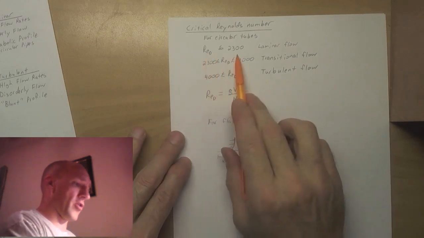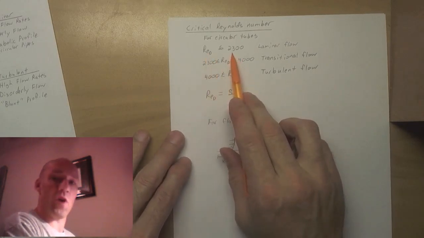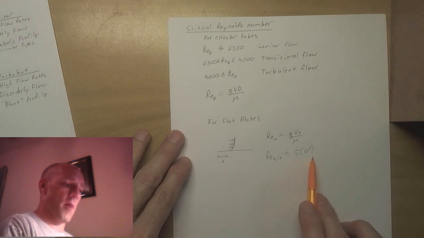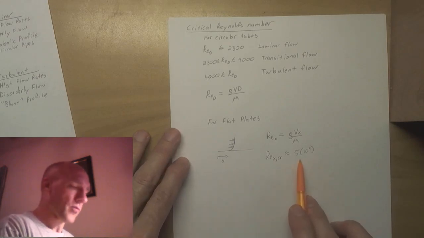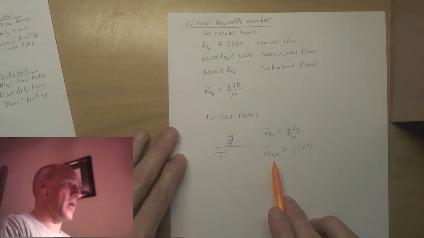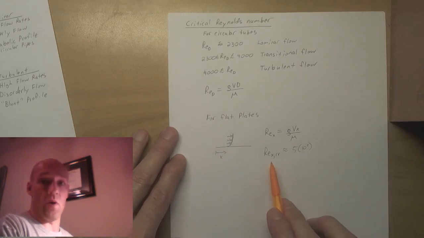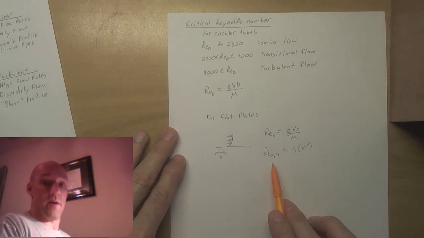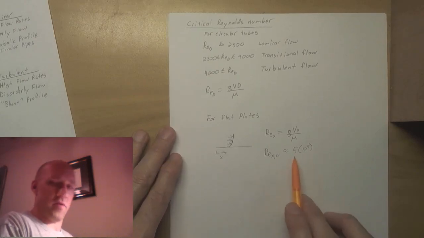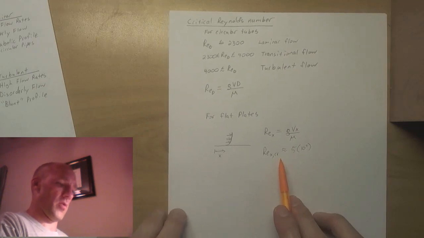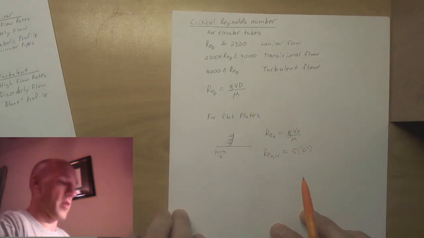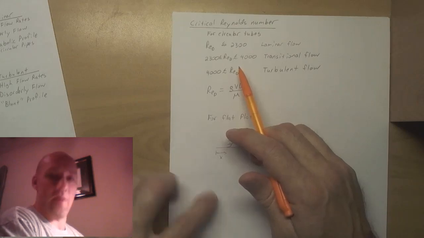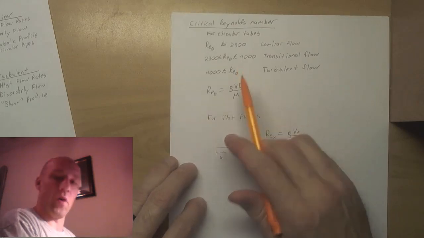So for circular tubes, the critical Reynolds number is like 2,300, and for flat plates, it could be upwards of 500,000. And it's not unusual to have Reynolds numbers somewhere around 1,000,000, 10,000,000. Stuff like that. So these huge numbers are not uncommon when you're dealing with the Reynolds numbers, even for circular tubes. To have a Reynolds number on the order of 20,000 is not exactly unheard of.